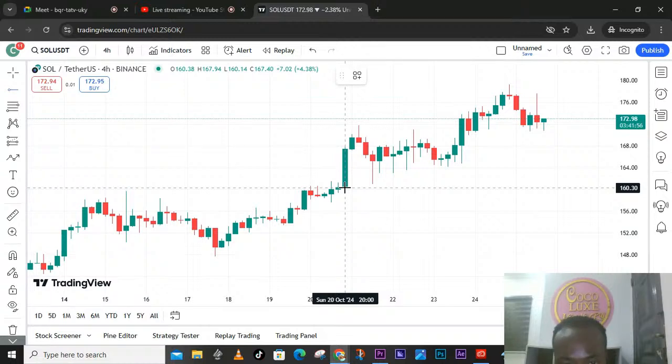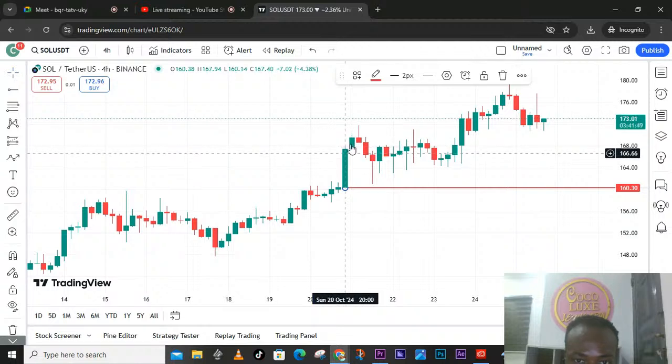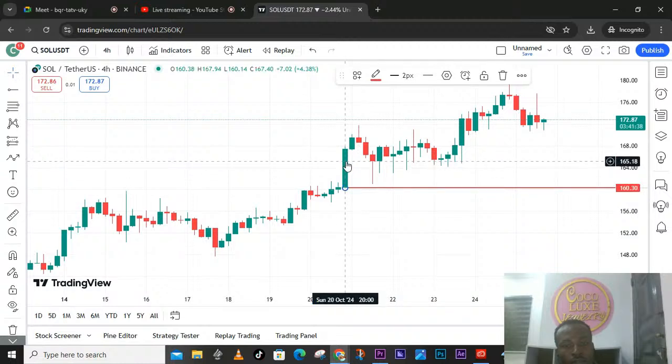This is the lowest point both of them got to. Can you hear me? Can you see the two bullish candlesticks? Do you understand what I just said? Yeah, I understand.